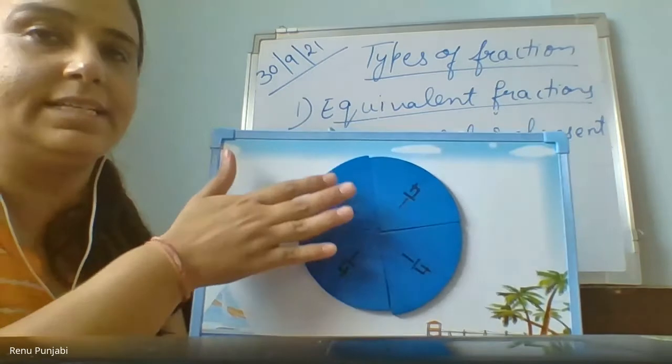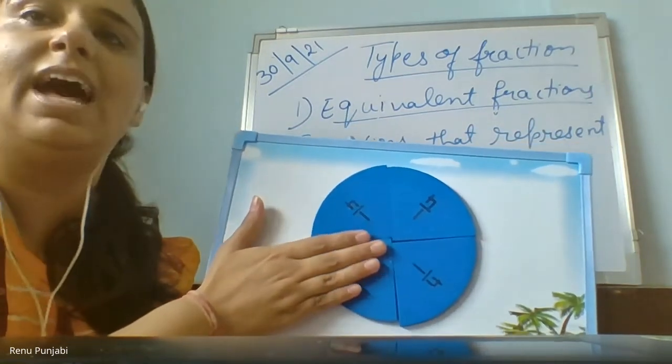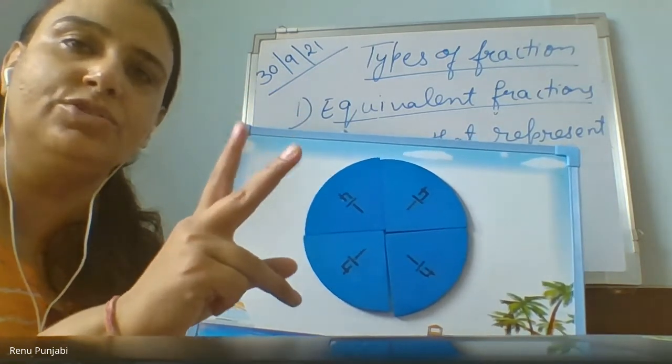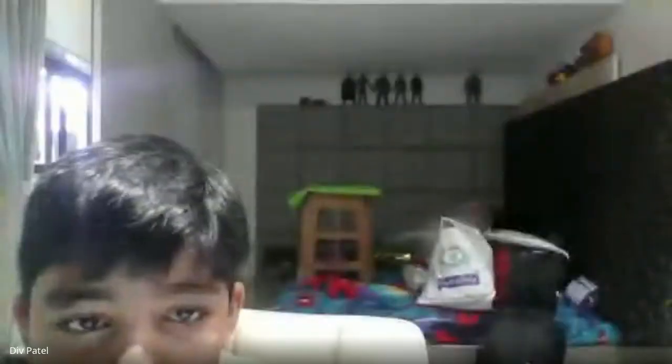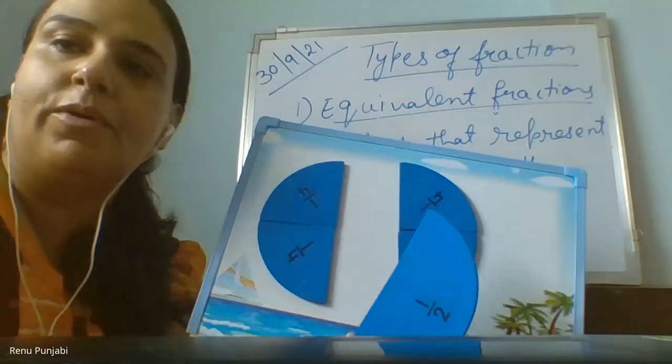If I say 2 upon 4, how many 1/4 make the half? 2 1/4 make the half. Yes or no, students? Yes. So 2 upon 4 is similar to 1 upon 2.